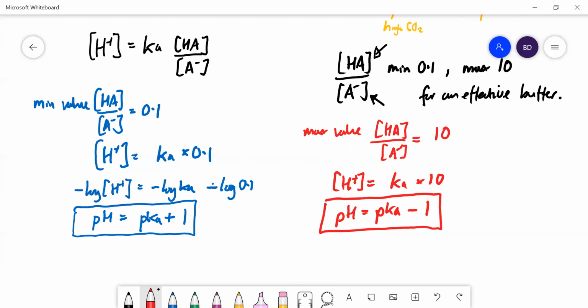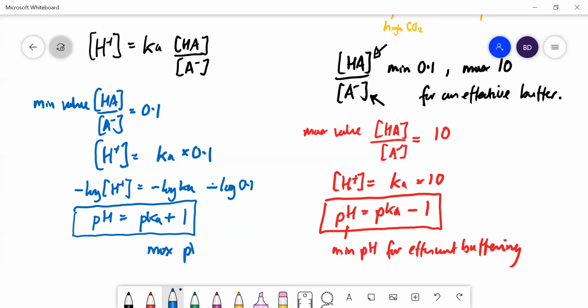So that shows us that this is the minimum pH at which it will buffer for efficient buffering, and this is the maximum pH for effective buffering.